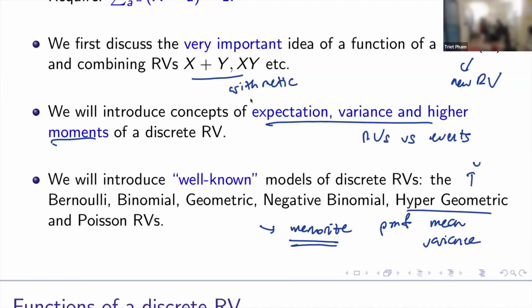I think people don't really memorize its variance because it's kind of ugly. But the rest, people would expect you to just know off your head what are the mass functions, what are the means, what are the variances of these random variables. And they're all discrete random variables. Well-known models. Okay.